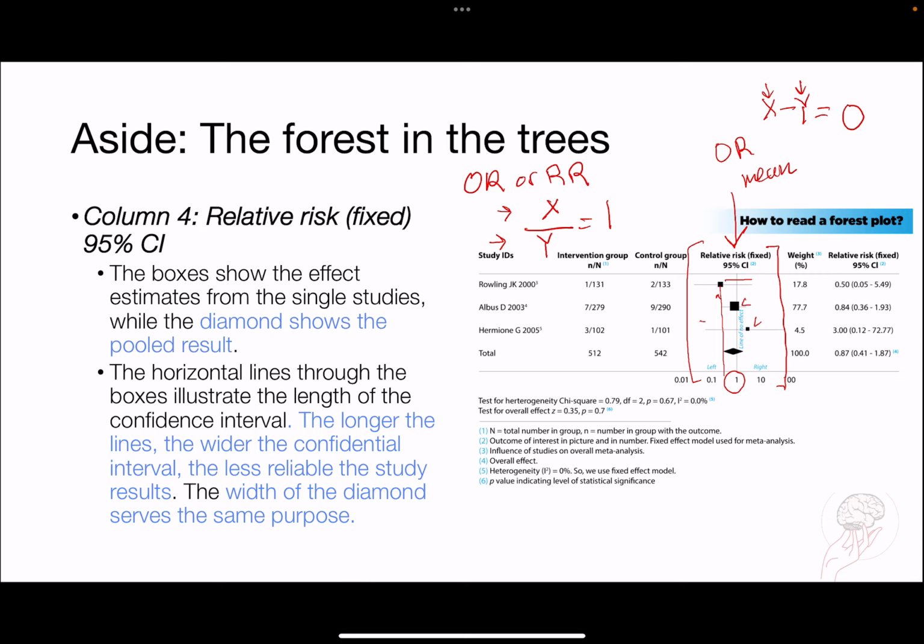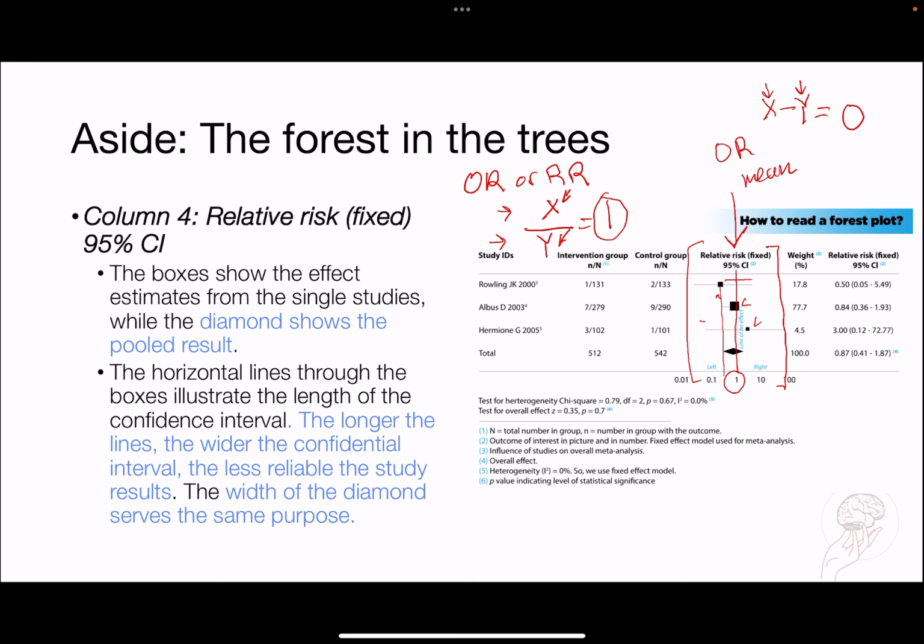The horizontal lines are the confidence intervals. And if these horizontal lines touch this middle line that is at 1, it means that the results were non-significant because it included 1, which means X and Y are not different.